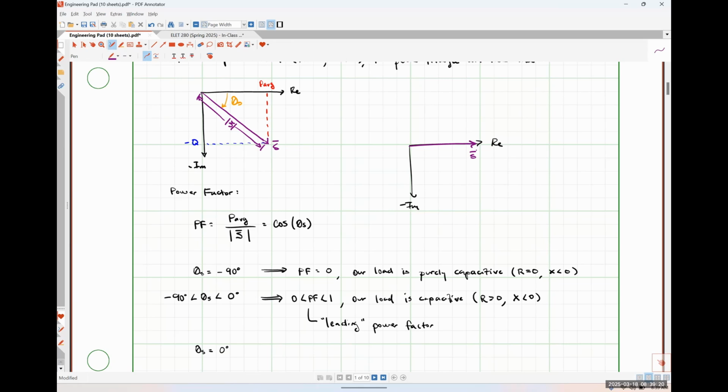Okay. So if all of our complex power is real, what's the ratio of P average to our apparent power? 1. Exactly right. They are the same thing. Okay. So we will have a power factor of 1.